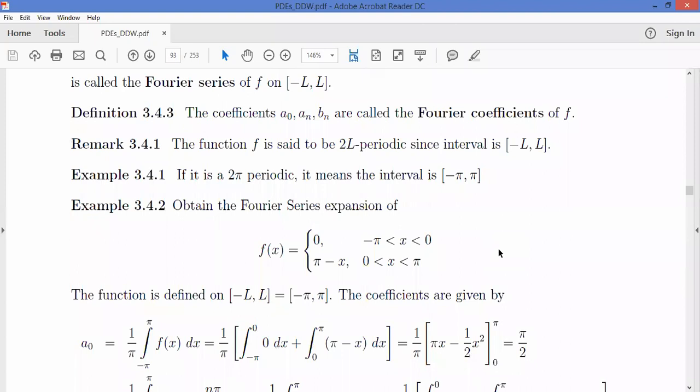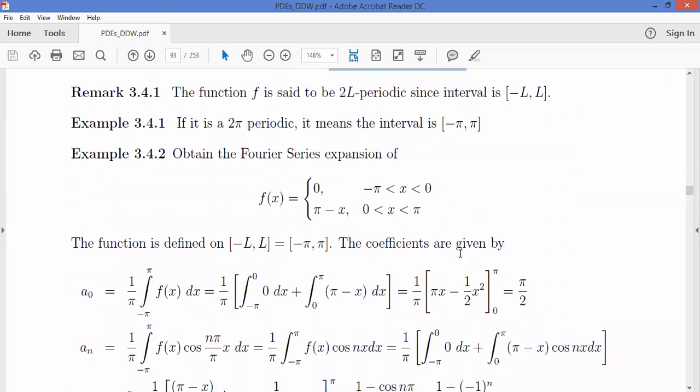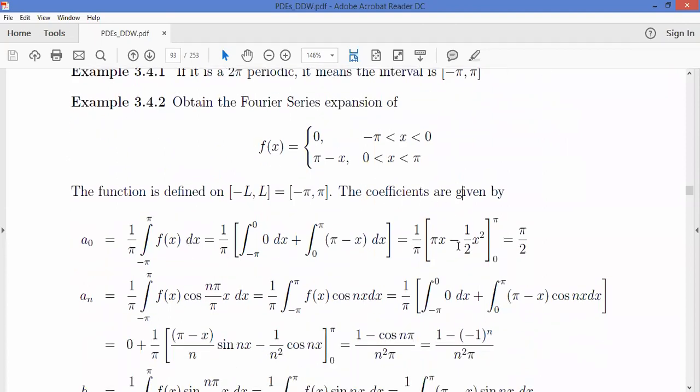So there is an example here. The periodicity, I've already discussed that. We have talked about these ones, those are Fourier coefficients. There is a simple question here, a very simple question.